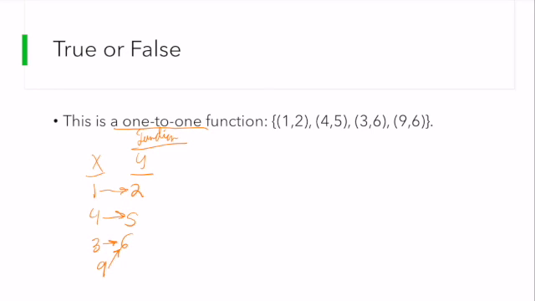Remember, one-to-one functions, each x has exactly 1 y, and each y has exactly 1 x.